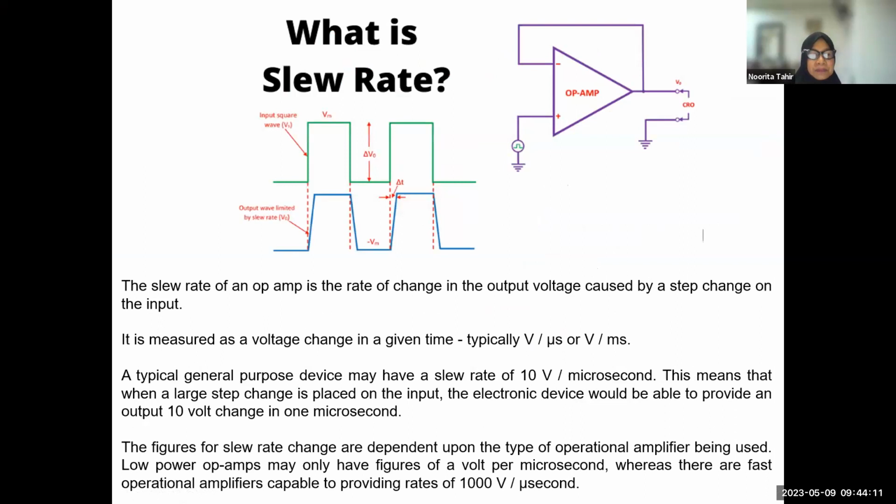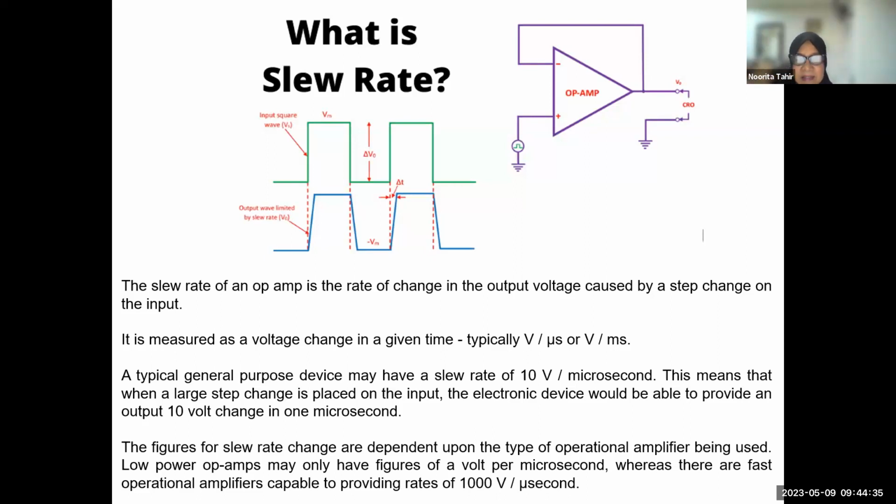When we say that a slew rate occurs in an op-amp, what actually happens? The rate of change of the output voltage versus the input voltage causes some delay.